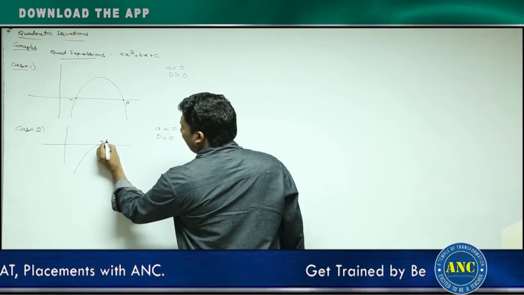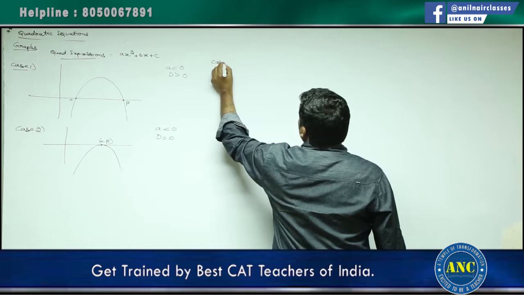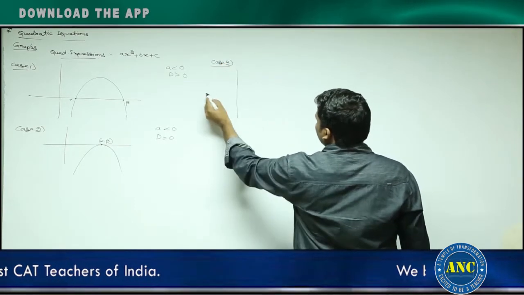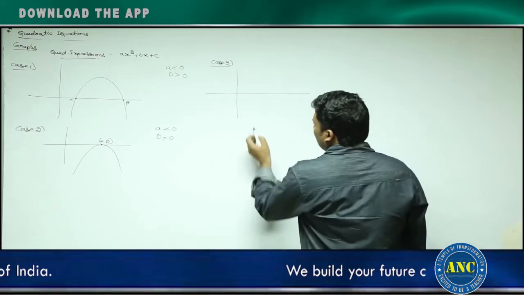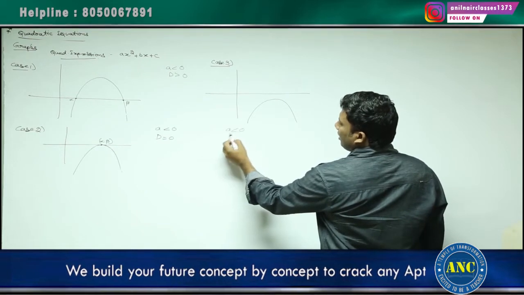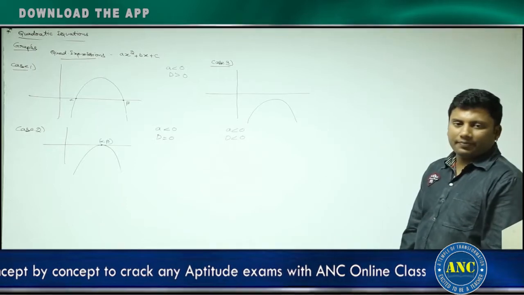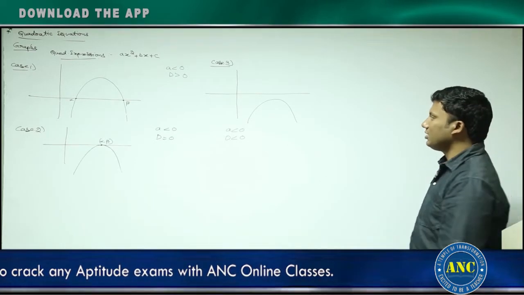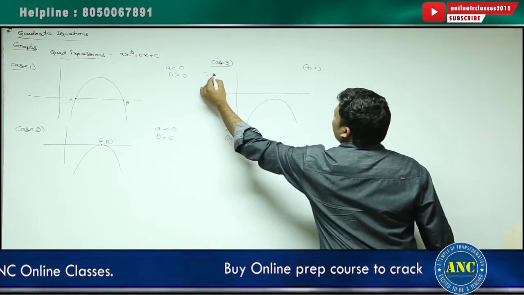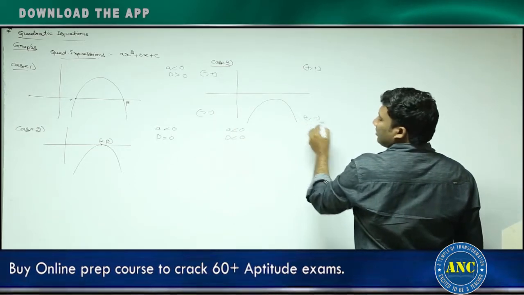Case 3. A less than 0, D less than 0. If you observe the fourth quadrant: plus plus, minus plus, minus minus, plus minus.